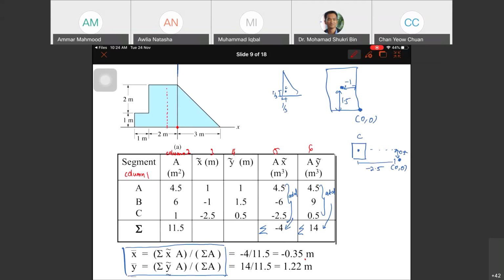And then 1.22 is somewhere here. Here is 1. Let's say here is 1.22. So here is your centroid, which is X bar and Y bar. Answer for this one. So here is your centroid.